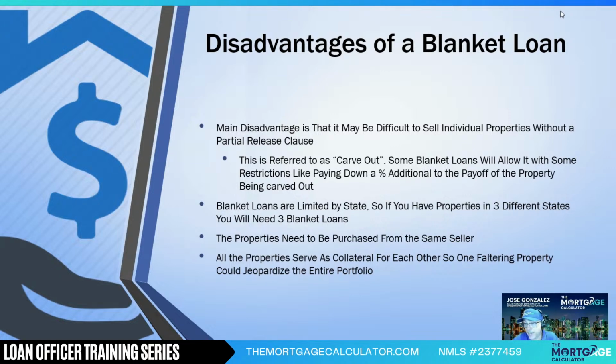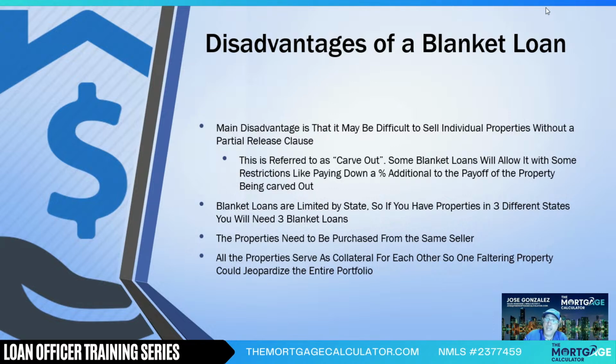If the borrower doesn't pay, what are the remedies? Each state has different remedies. And remember, this is one loan with multiple properties, so everything has to be homogeneous. The properties need to be purchased from the same seller. You cannot put together a portfolio of 10 properties with 10 different sellers, or not even with 2 different sellers.